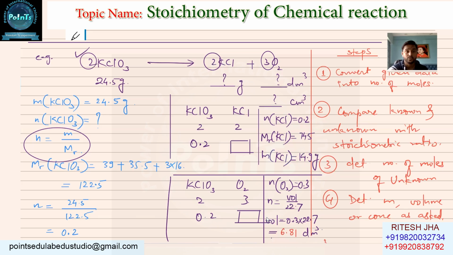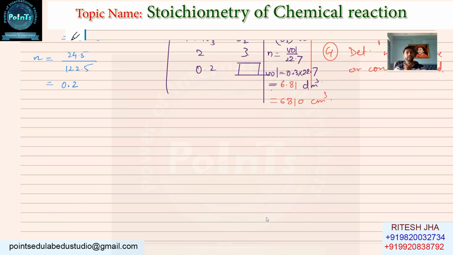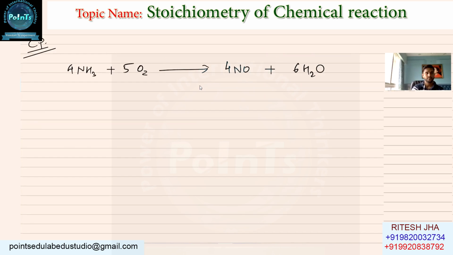So guys, I hope everything is clear. Should I go ahead with the question? Yes, sir. So let's do your question. I already taught you how to balance chemical equations. So 4NH3 plus 5O2 gives 4NO plus 6H2O. Now you are given that this is 5.1 gram.